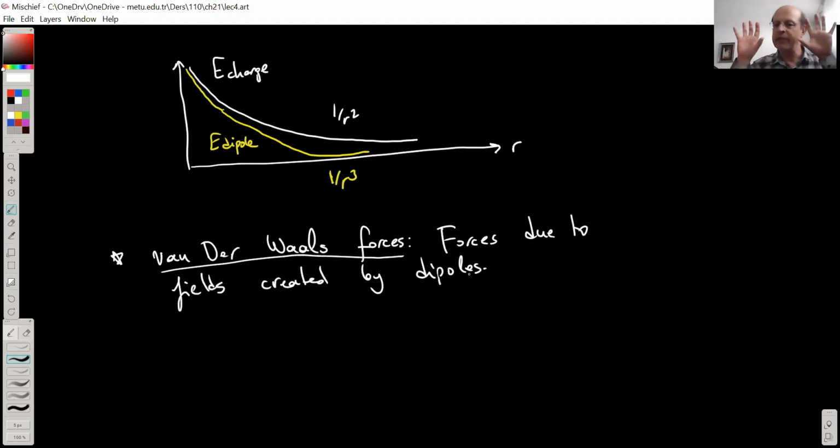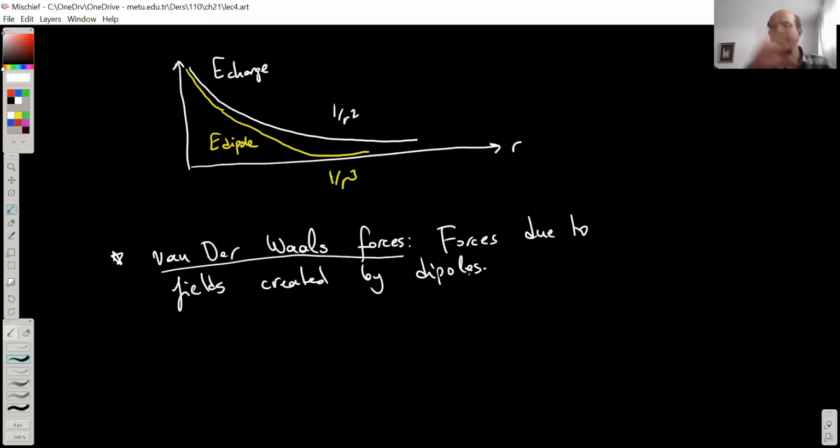So as a result, even though we have two helium atoms, which might be far away, there will still be some kind of a force between them, which arises because of these dipoles that are produced instantaneously because of their presence.